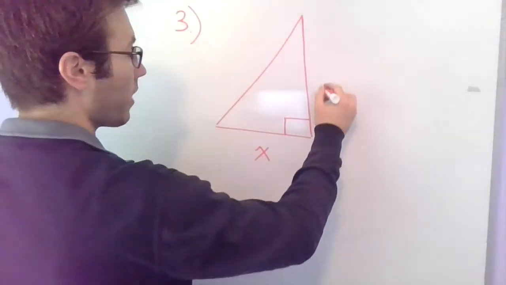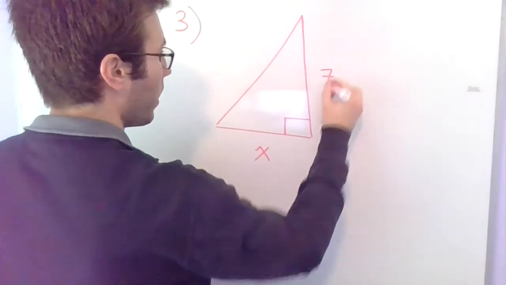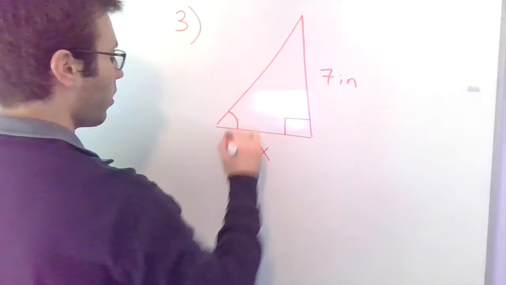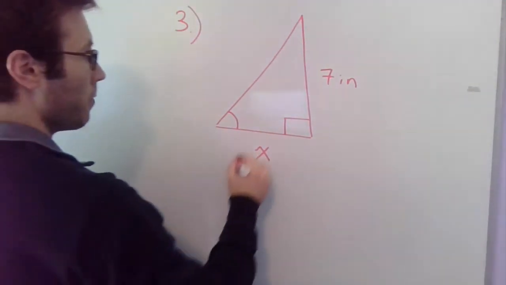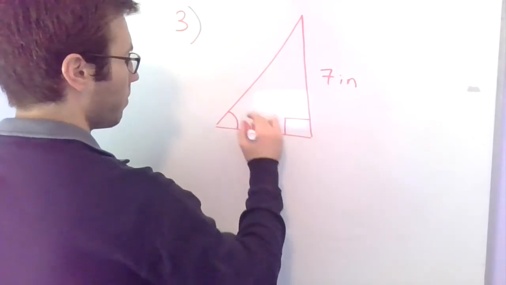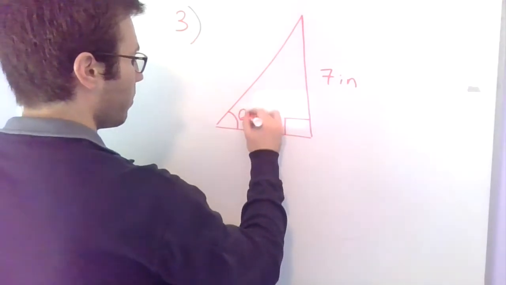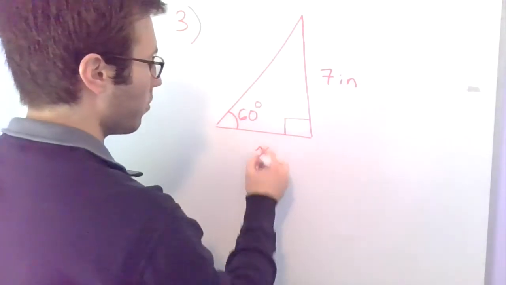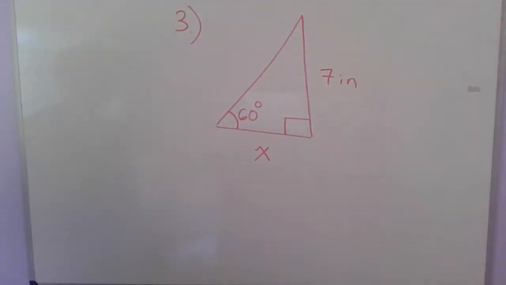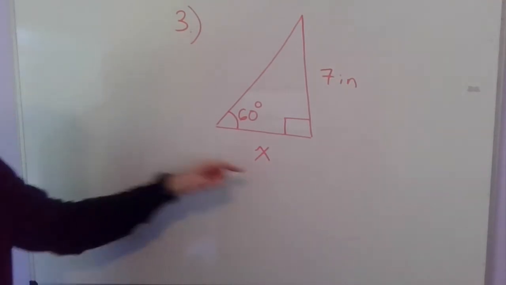We're trying to figure out what x is. Let's call this 7 inches. Let's say that this angle right here is 60 degrees. So this is going to be in inches right here.